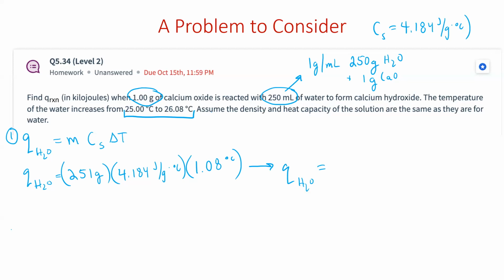So 251 grams is our total solution that's going through this temperature change. We multiply those all together, and I get 1,134.2 joules.